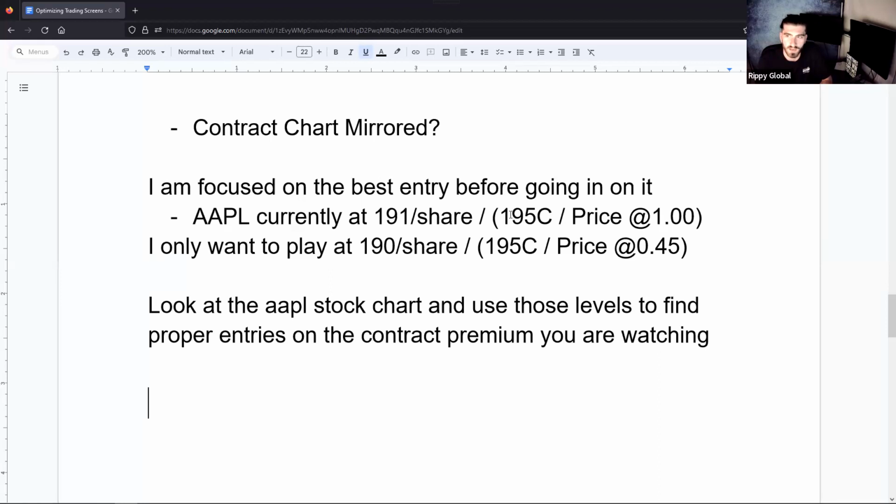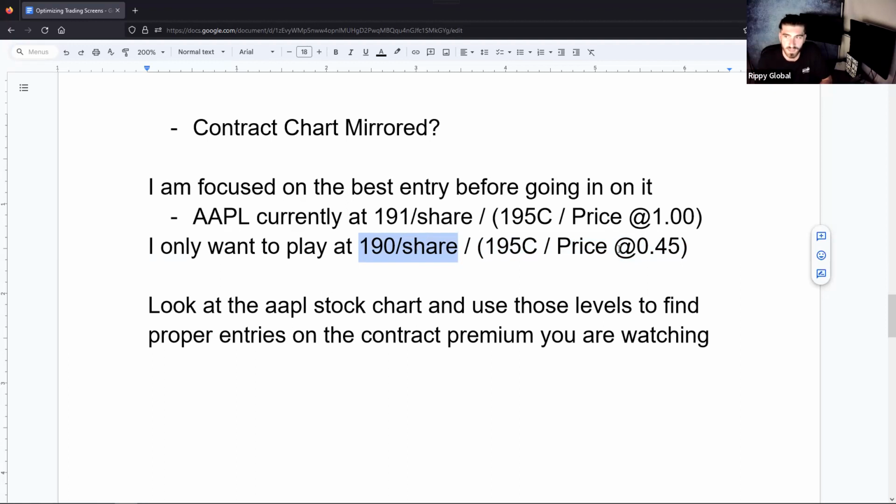Why would I want to buy or rush into this play at $100 a piece when the contract was literally just $45 a piece at my support? That's over a 100% difference. That makes me wait even longer for this support to hit, or at least for this share price on Apple to touch. Because when I find that, I have a proper entry idea.